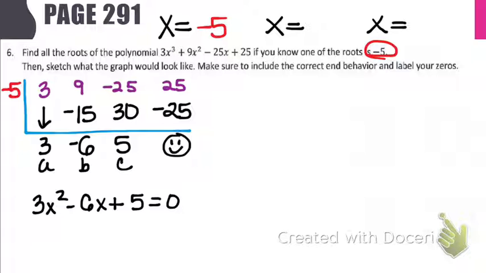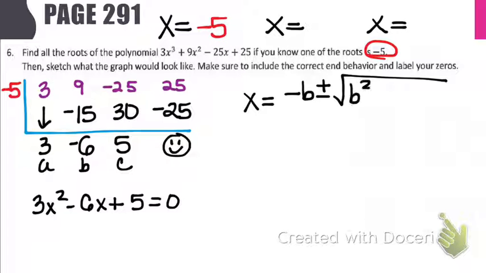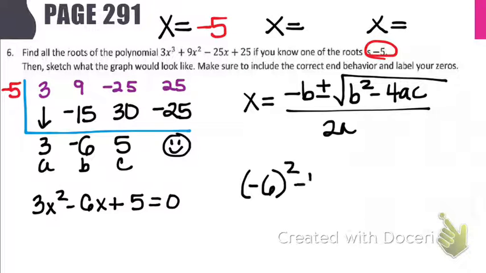Start off with your discriminant. So in your calculators, take -6 squared minus 4 times A times C. And you should get -24.